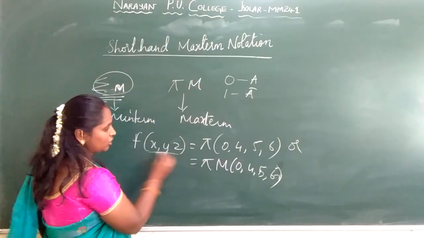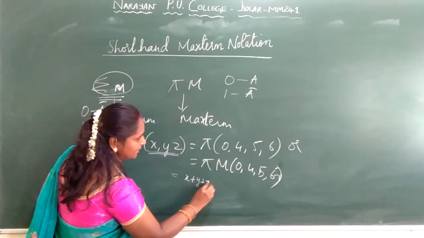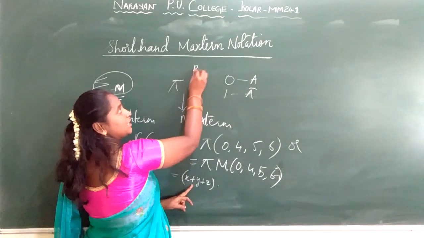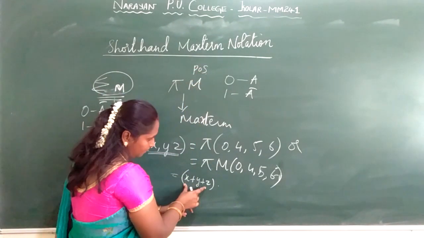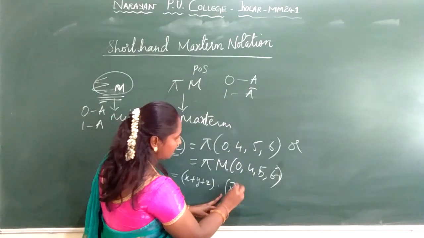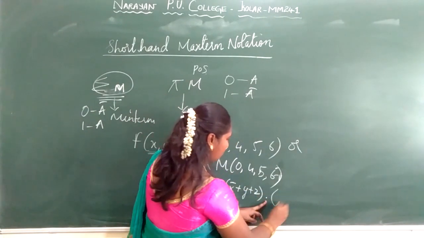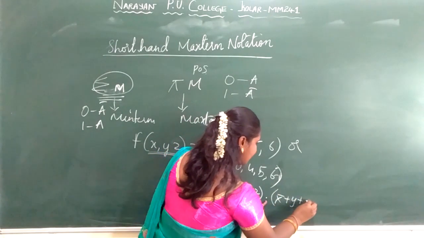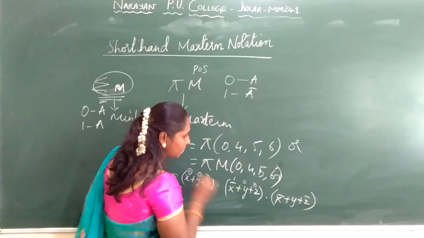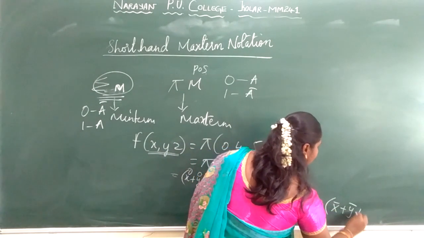Here the function has 3 variables. So 0, that is 0 0 0, can be represented as x plus y plus z. The max term is nothing but POS, product of sum. So the sum term into 4, that is 1 0 0, is x bar plus y plus z. Next, into 5, that is 1 0 1, is x bar plus y plus z bar, into 6, that is 1 1 0, is x bar plus y bar plus z.